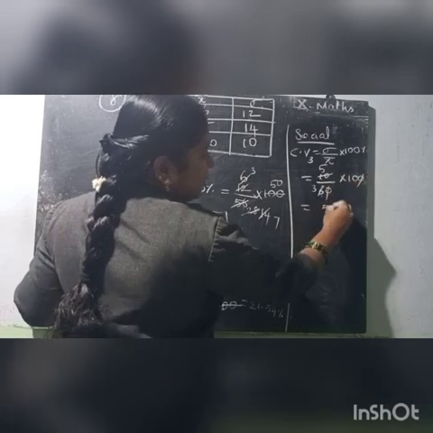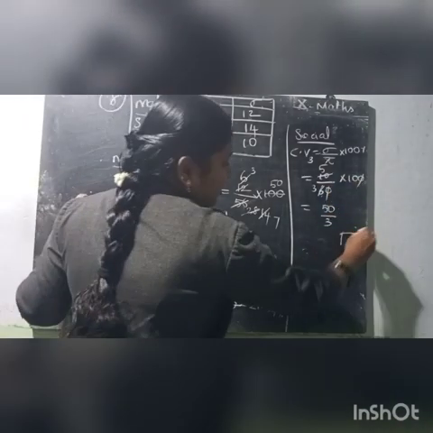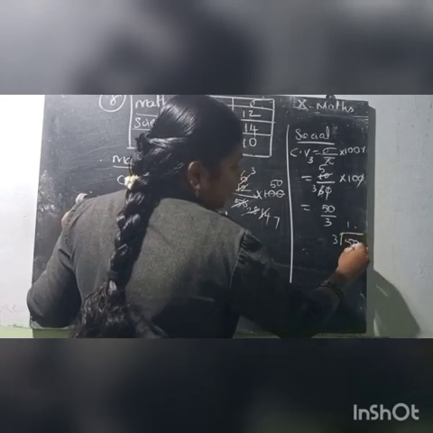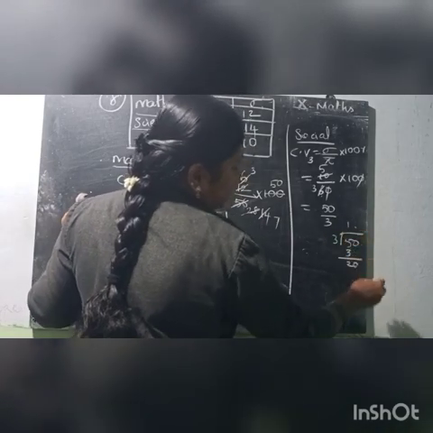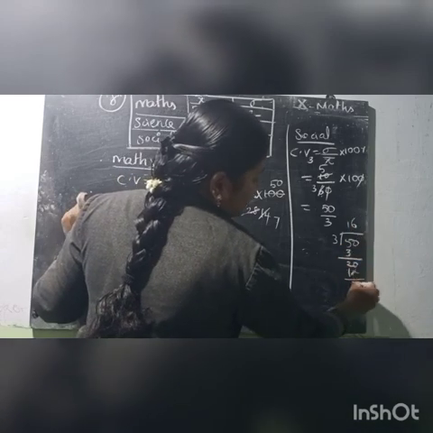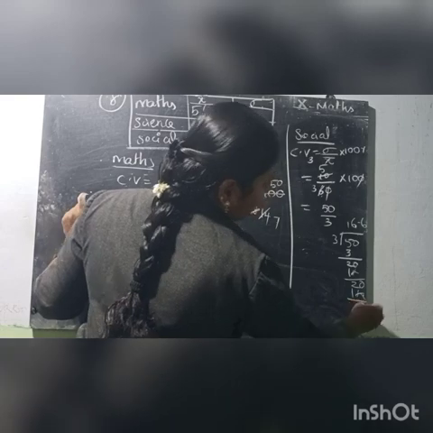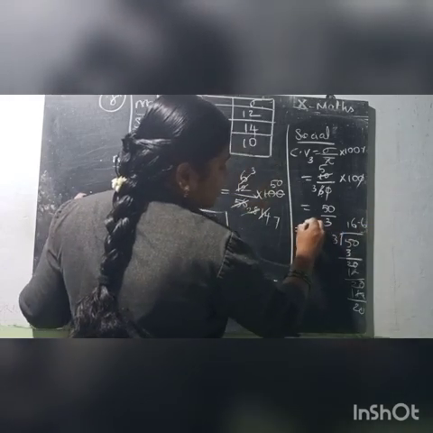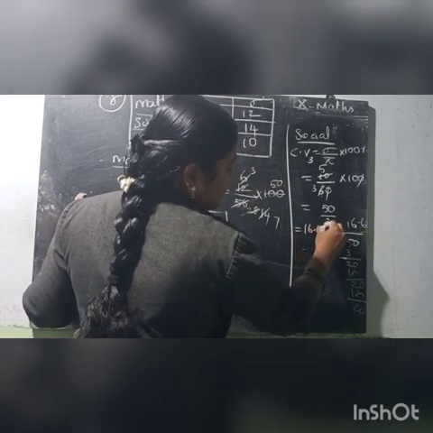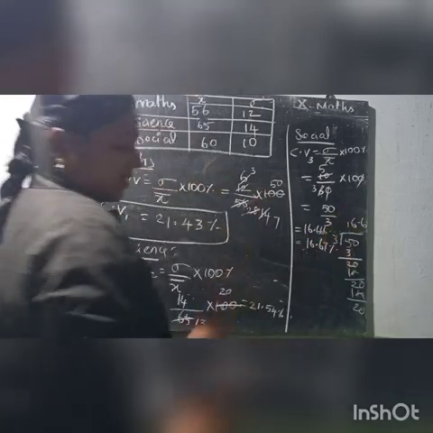So 5 into 10, 50. So 50 divided by 3. 1 time 3, balance 2, then 0, 6 times 18, balance 2, again 2, it will go on. So 16.666, we round off to 16.67 percentage.